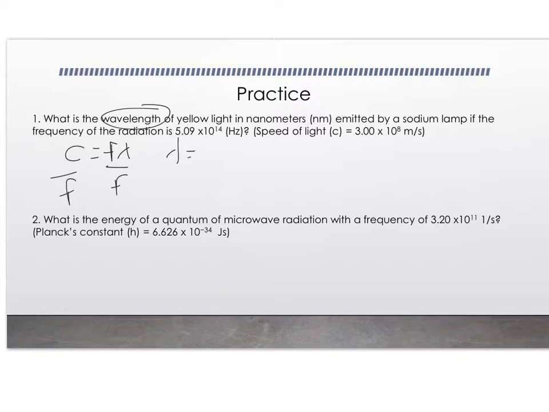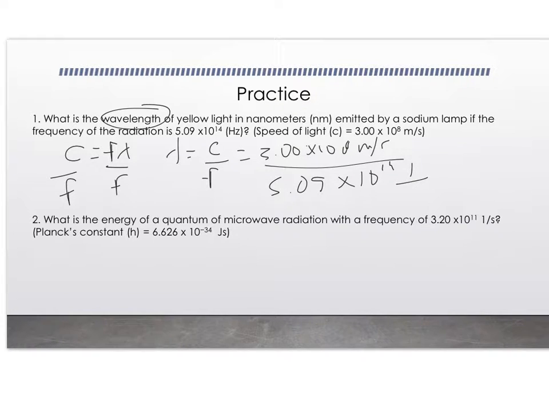So your wavelength is going to be equal to the speed of light divided by frequency, which is 3.00 times 10 to the 8th meters per second, over your frequency, 5.09 times 10 to the 14th hertz, or 1 over second. That should be 14.